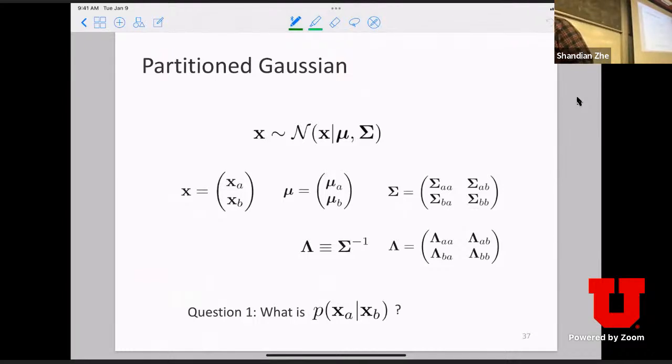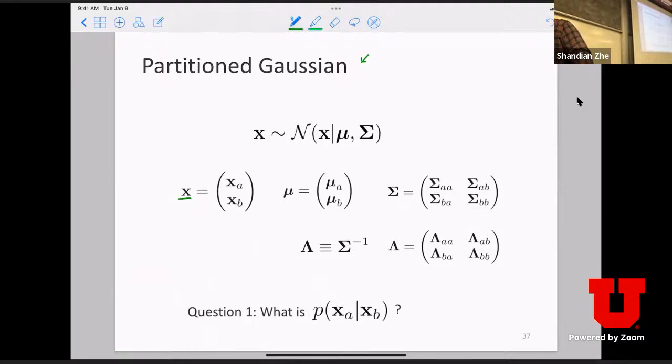Another very important computational trick regarding the multivariate Gaussian distribution is how to partition it, and then compute the conditional Gaussian distribution. This is the vector x. Imagine I partition it into two parts, xa and xb, two subvectors that, when concatenated together, give you x.